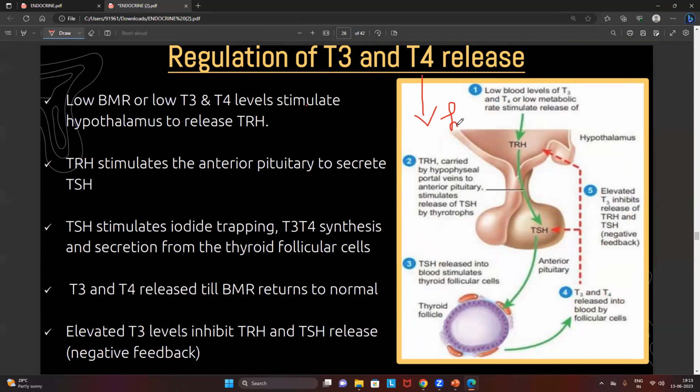T3 and T4 are released whenever the levels are extremely low. Which levels? When the BMR, the basal metabolic rate, is lower, then T3 and T4 get released.